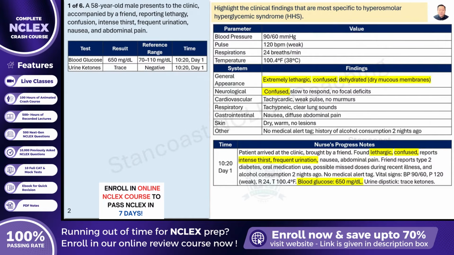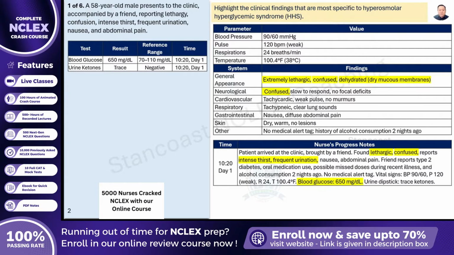These signs show that the body is under stress. It's caused by the dehydration or illness, but they are not unique to HHS. So you'd see the same vital signs in conditions like hypovolemia or infection, but these are not really specific to the condition that we are looking at, and that's why we are not highlighting these.